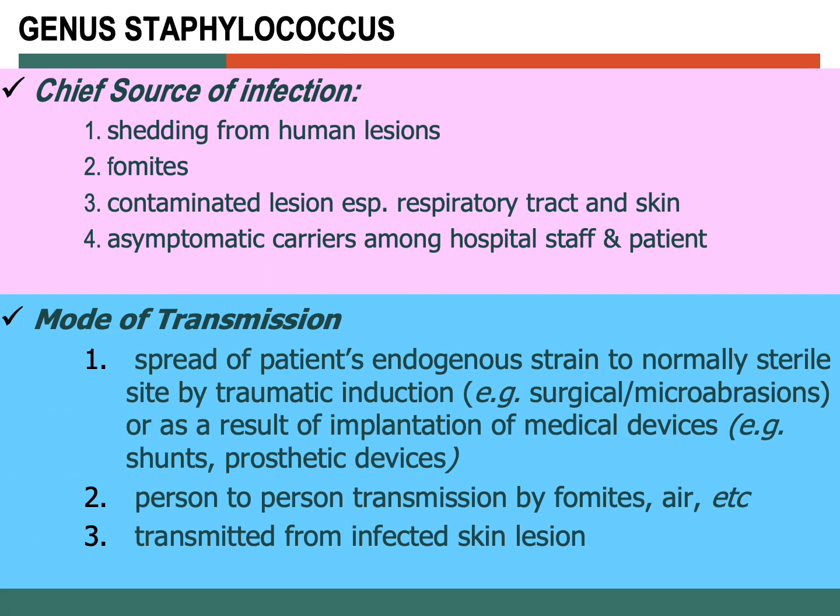Okay, so the source of infection, class, of Staphylococcus is from shedding of human lesions, because again, Staphylococcus are normal flora of the skin. So you can also find Staphylococcus on fomites. So when we say fomites, these are inanimate objects.